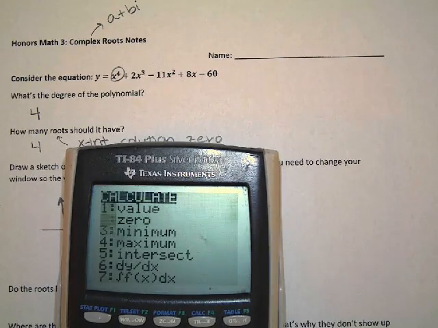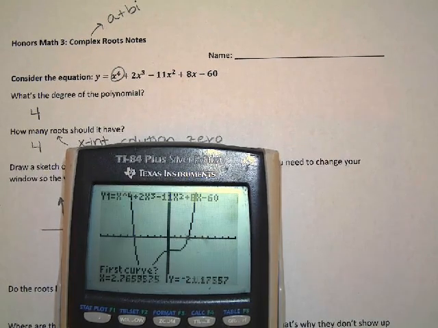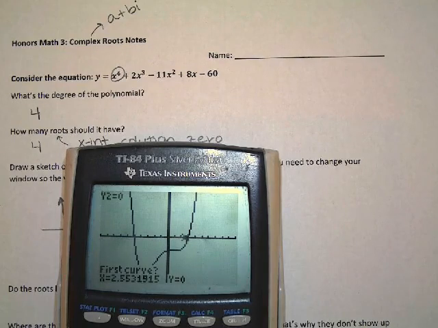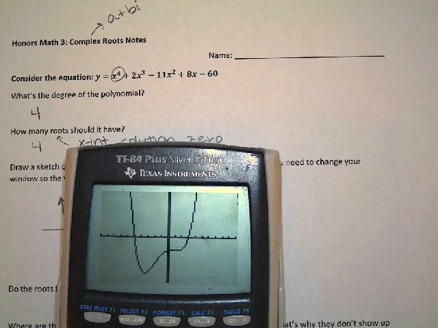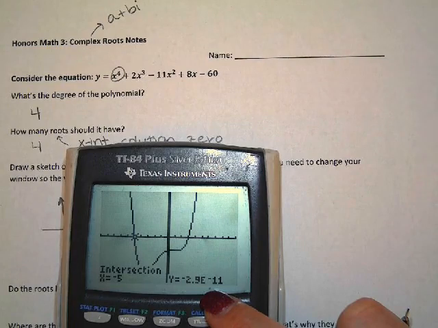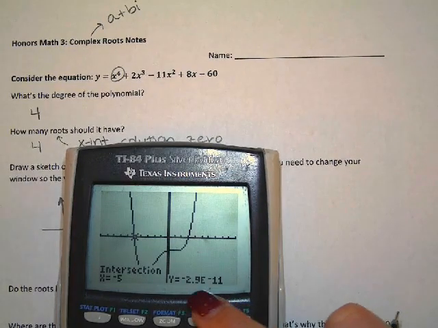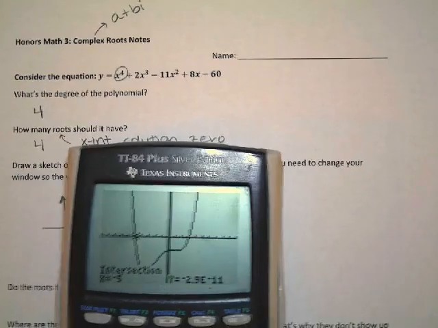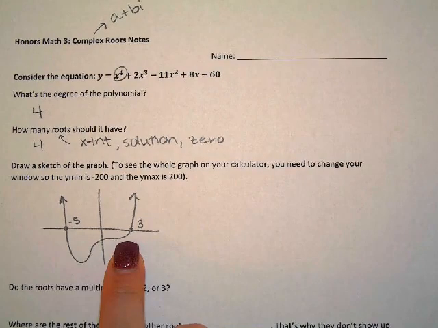Found the same one. I hopped over to the other line so I could do a better job. Okay. So negative 5. Remember, this is the calculator saying 0, but having a hard time. This is scientific notation. So the x-intercepts are negative 5 and 3.